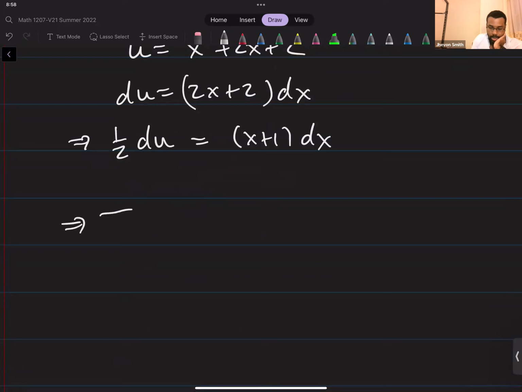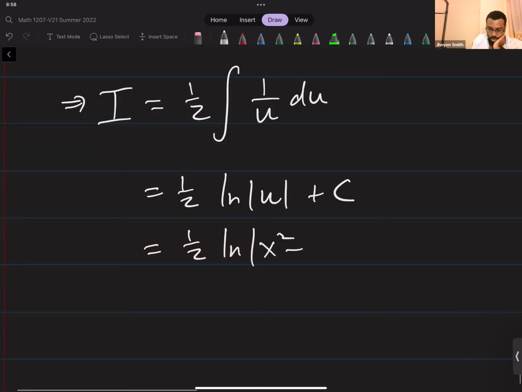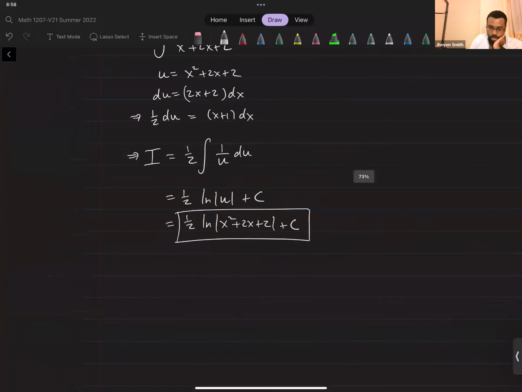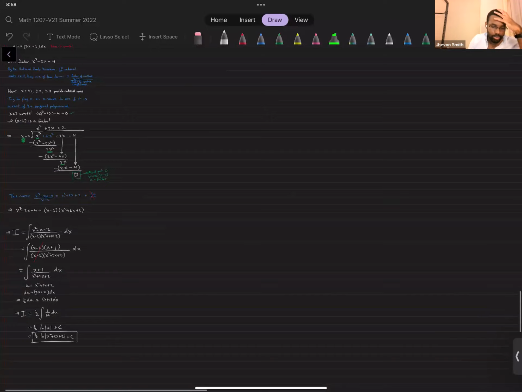So this means that my I is just equal to 1/2 the integral of 1 over u du. Yeah, and again, we don't need partial fractions or anything after that.